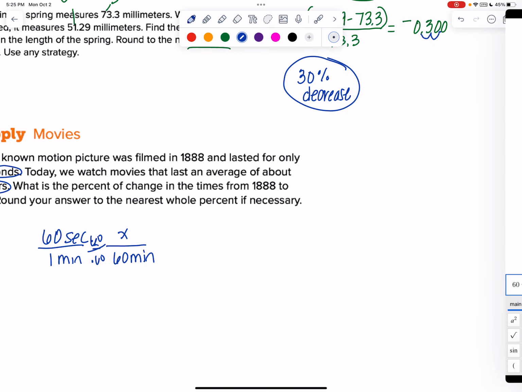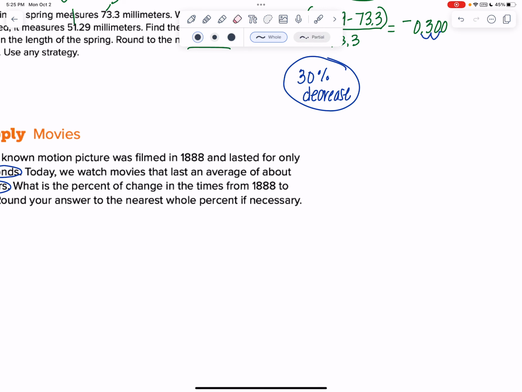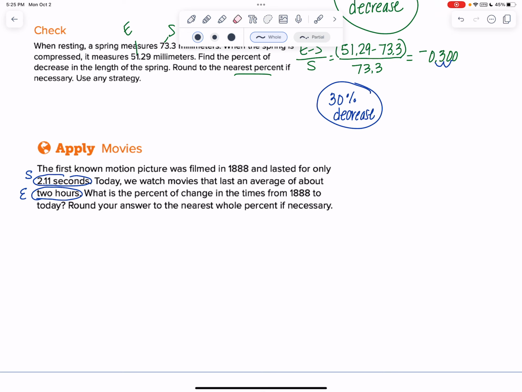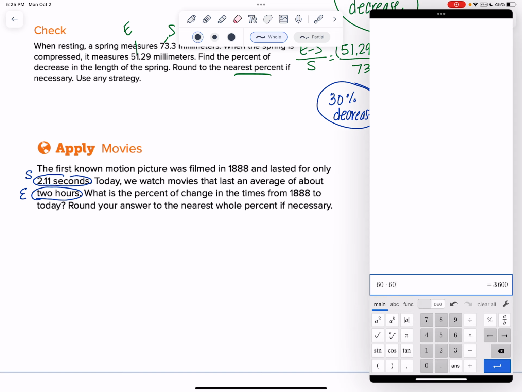So we have 3,600 seconds, that's just 1 hour. And we have 2 hours, so 3,600 times 2, we need to put that in parentheses there.